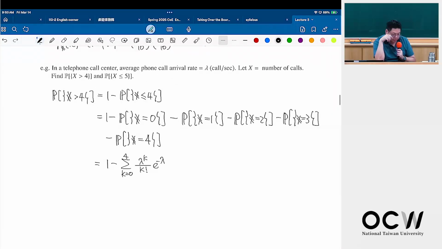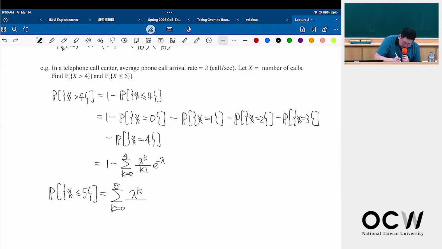It also shows that if I want to find the probability of the number of calls being less than or equal to 5, then it is just the sum over k from 0 to 5 of lambda to the k over k factorial times e to the minus lambda.